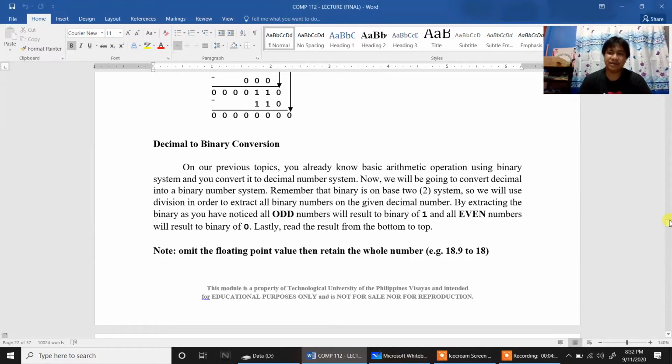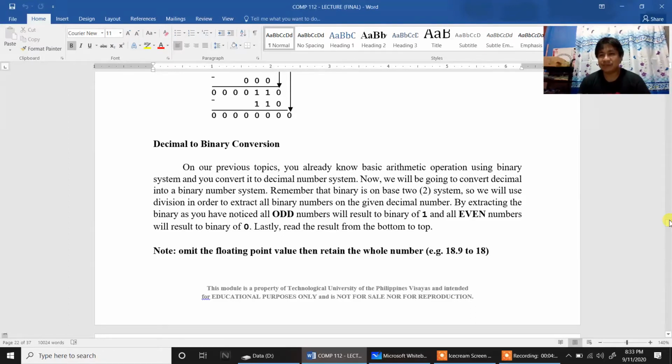If you encounter a decimal point or decimal place after you divide, that is considered as 1. But if the number that you divide is a whole number without any decimal place, automatically it will become 0.